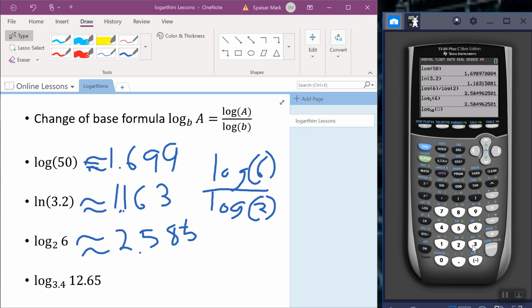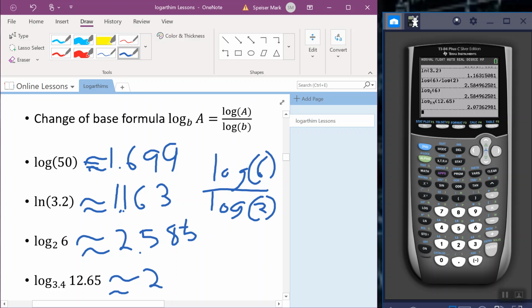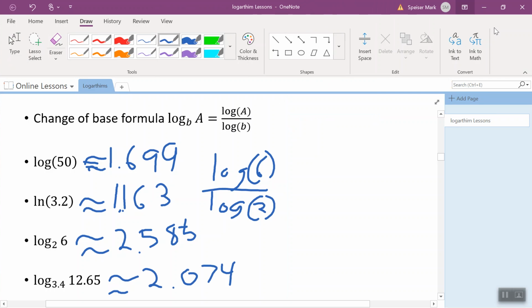The base is 3.4. The input is 12.65. Hit enter and you get 2.074 approximately, to the nearest thousandth. Okay, that's how you find logarithms with and without a calculator.